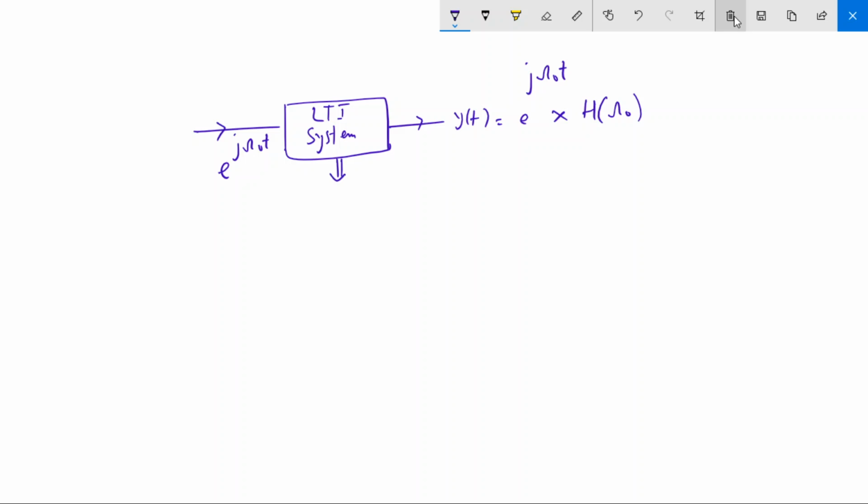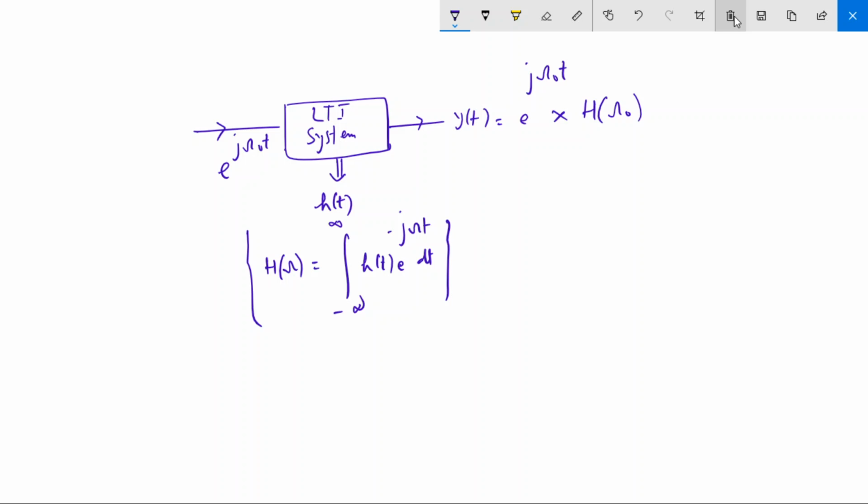This is the impulse response h(t), and its frequency response is nothing but its Fourier transform, the integral of h(t) e^(−jωt) dt.